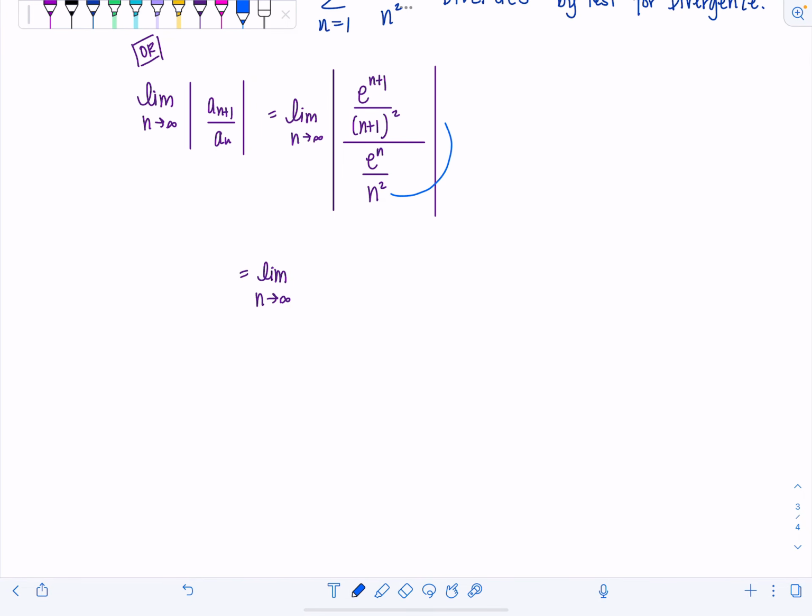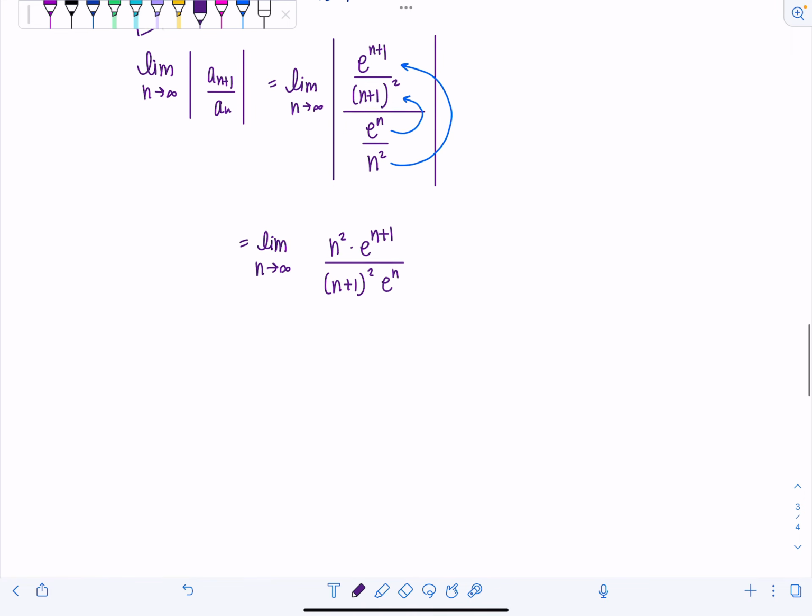This n squared is going to come up to the top. E to the n is going to go to the denominator. So now we're going to have n squared times e to the n plus 1 over n plus 1 squared times e to the n. So what can we do here?